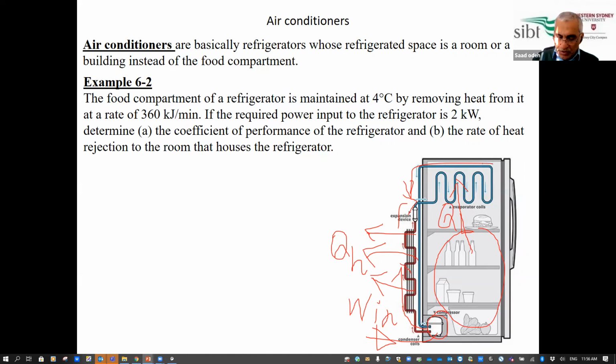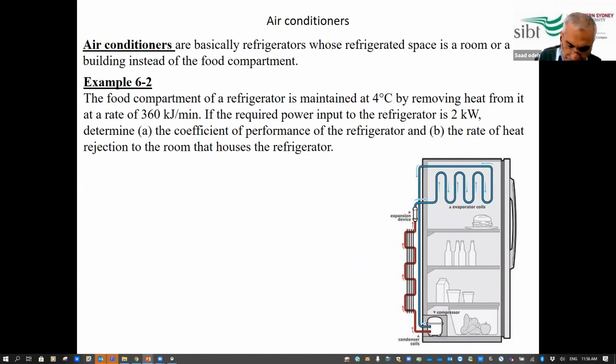So now you know, where is QL here? QL is the heat at the lower temperature side, the heat that we removed from the compartment, inside the fridge. And QH is the heat removed to the surrounding air.